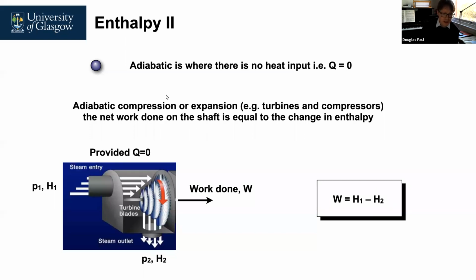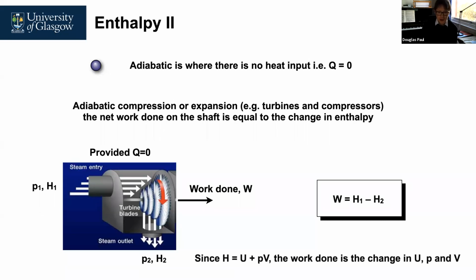Now, this only is the case if there's no heat changes in the particular system. And you can see that since the enthalpy is just the internal energy plus the pressure times the volume, the work done that we have here is a change in either the internal energy, the pressure, or the volume of the system.